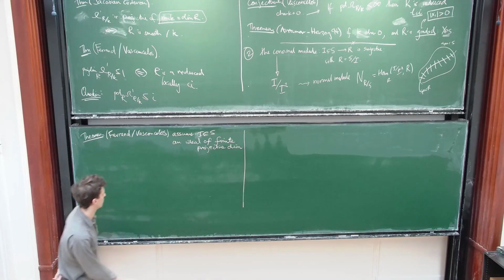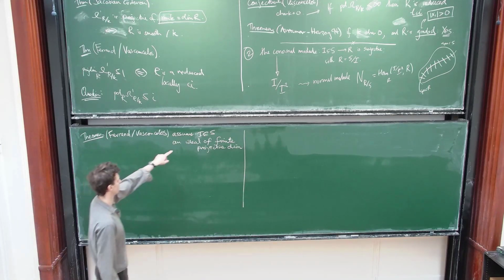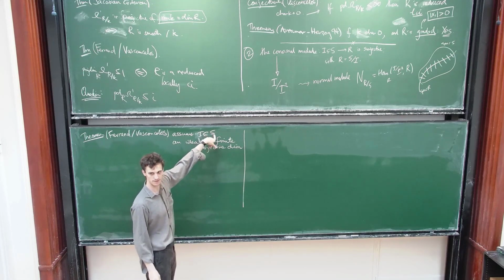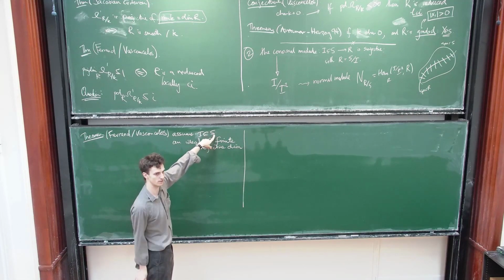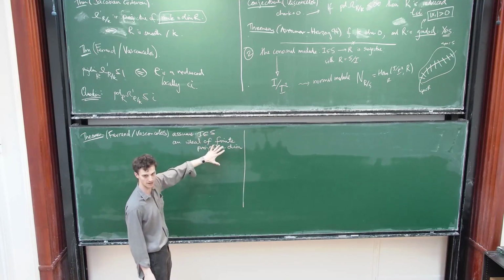This is some kind of background regularity assumption. If you assume that S is a regular ring, which is kind of the main thing to have geometrically in your head, then this is vacuous, is automatic.